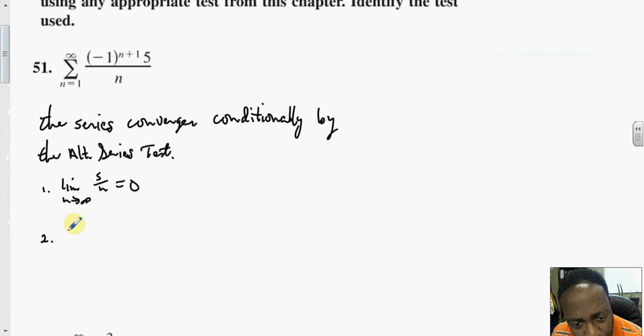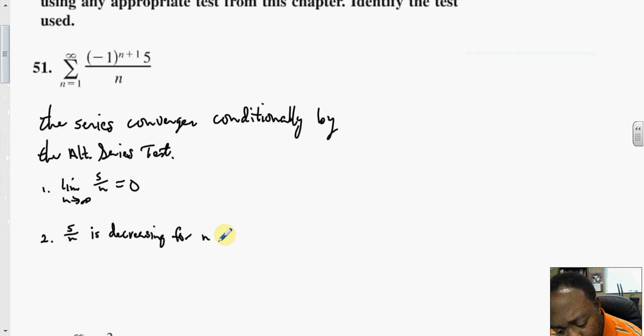Then 2, 5 over n is decreasing, for natural numbers of n, and n increasing.